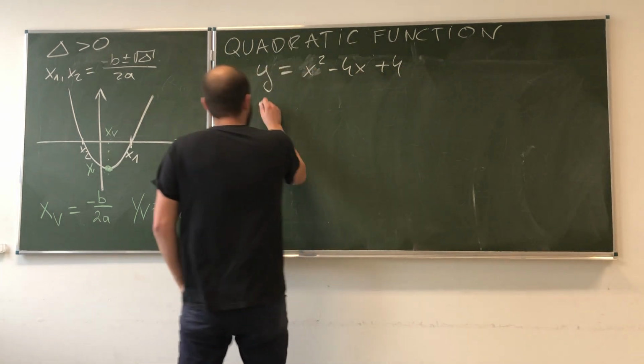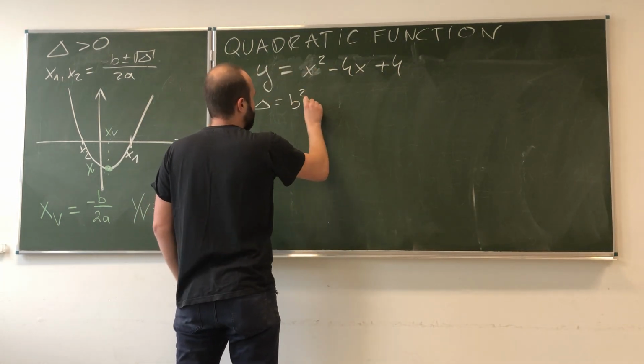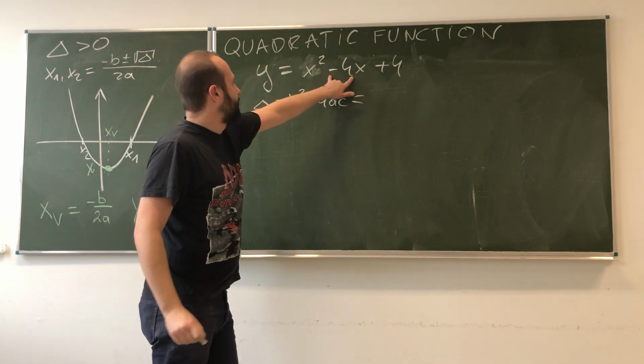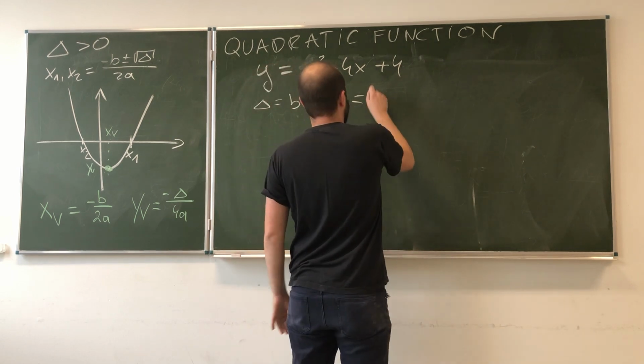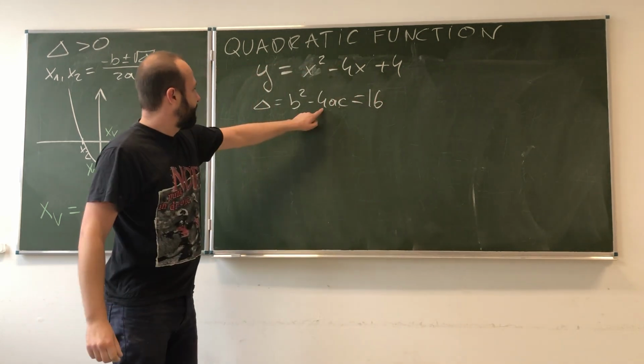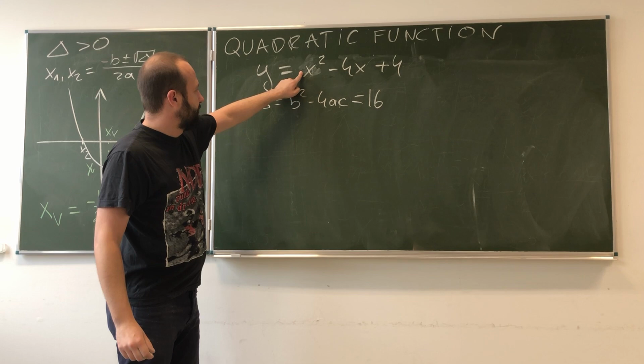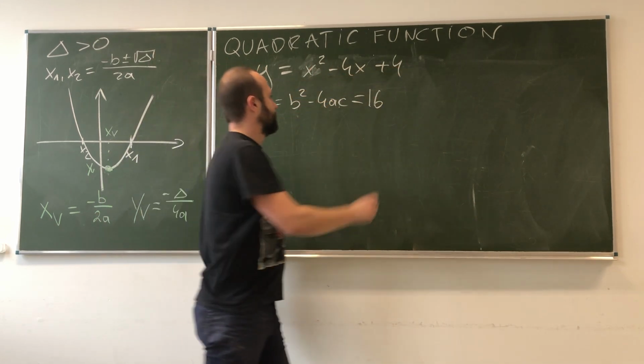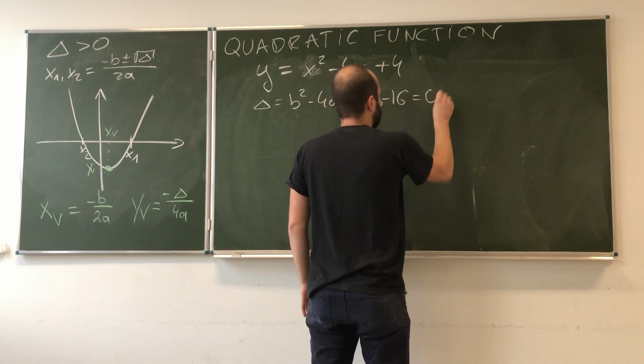So, delta, which is b squared minus 4ac, is, our b is negative 4, squared is 16. Then we've got minus 4 times 1 times 4, 16, it gives 0.